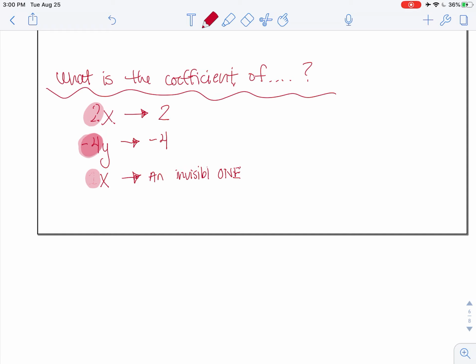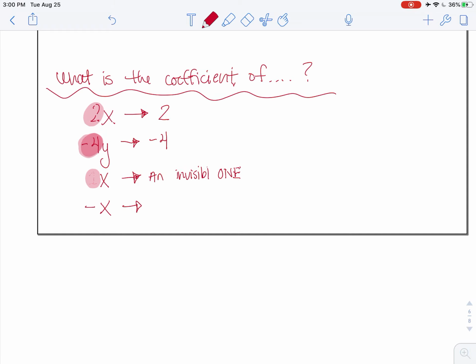And so 1 times x is x. And we don't put 1x, we just put x because there's only one of them. If I had 2 x's, that would be 2x. 3x is 3 x's. So when I only have 1 x, we just put x.